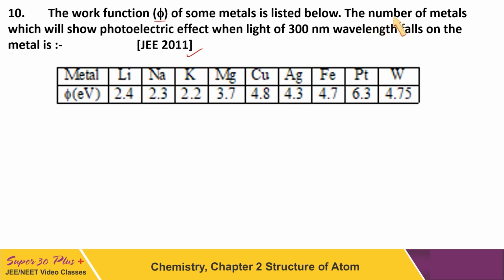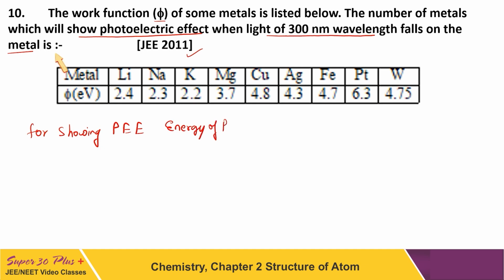How many metals will show the photoelectric effect when light of 300 nanometer wavelength falls over the metal surface? Now we know, for showing the photoelectric effect, the energy of the photon should be greater than or equal to the work function phi.